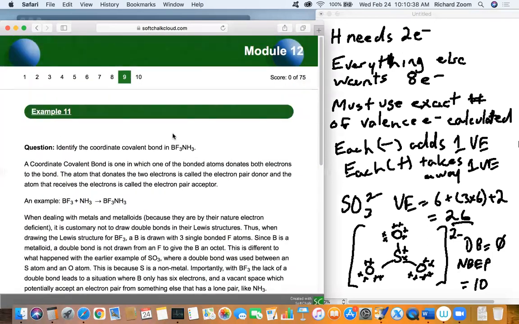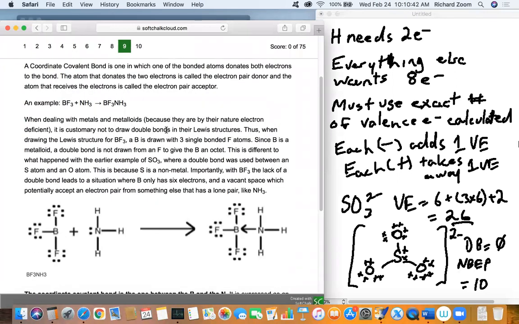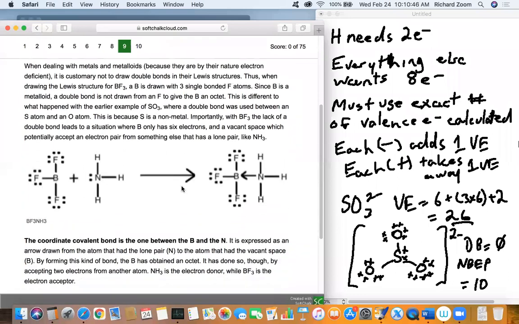Okay. There's another thing also in here about dative or covalent bonds as well. A dative or covalent bond is one where 2 electrons are being donated by a single atom to create a bond. So if you've got something like BF3, because it's boron, it's got a space here, then it can take 2 electrons off something else to create a bond.